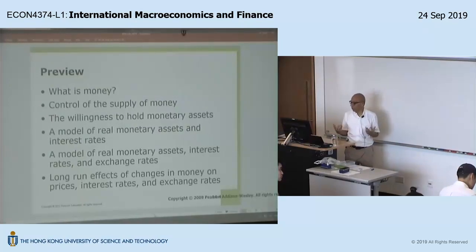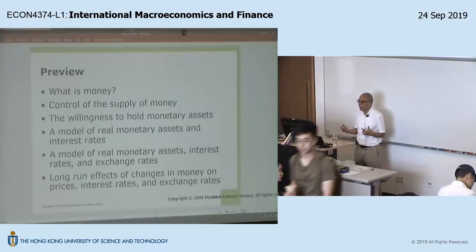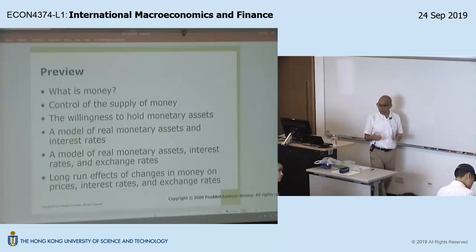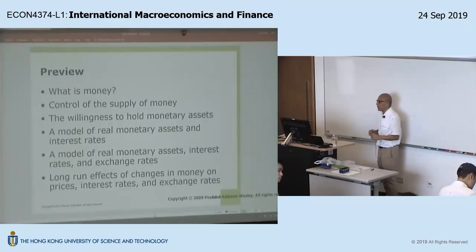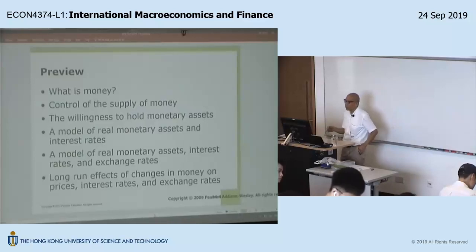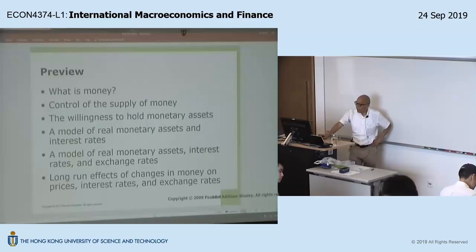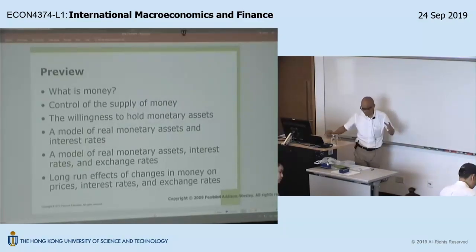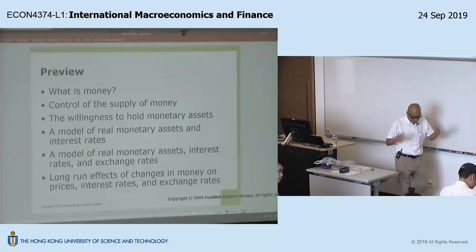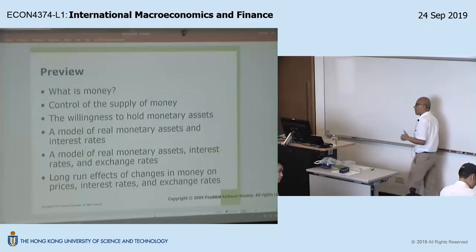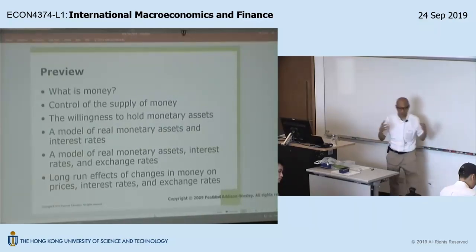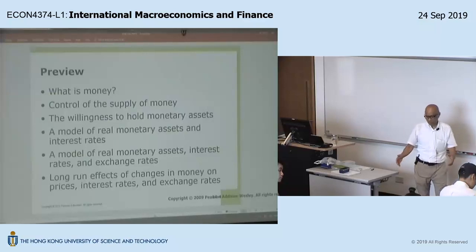So first of all, we have to talk about what is money, and who controls the supply of money, and then we talk about the willingness to hold money, and so on. We are going to build a model of money demand, and from there we look at the money market. So what is the money market?